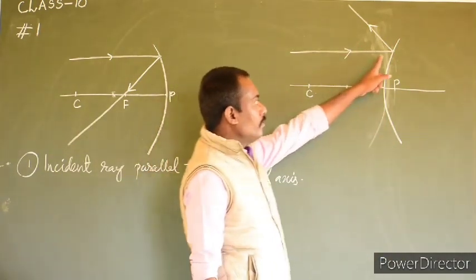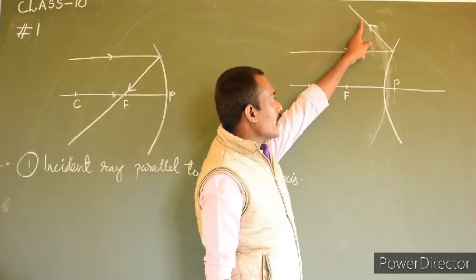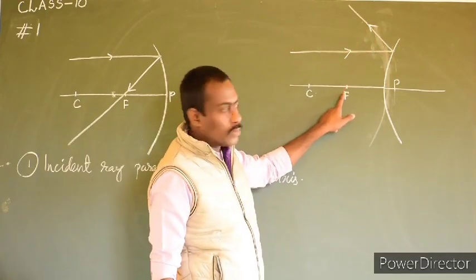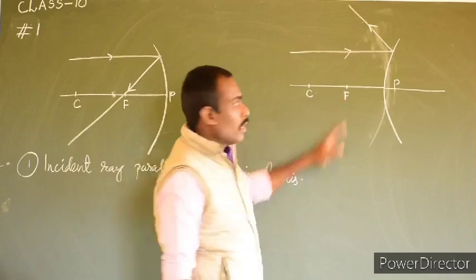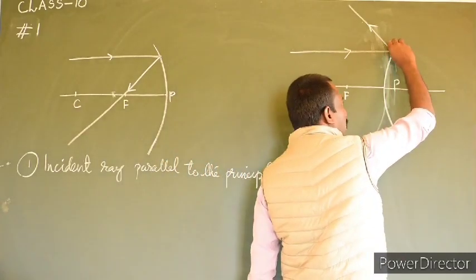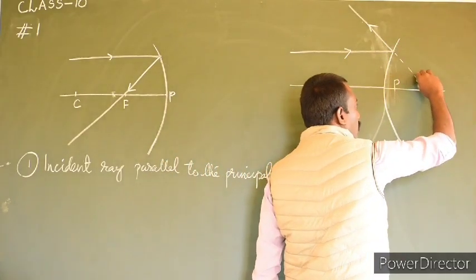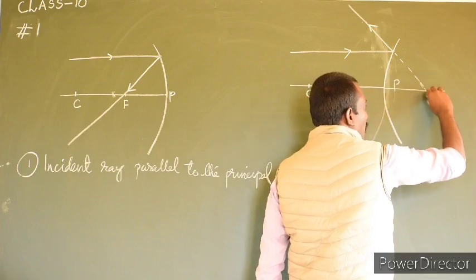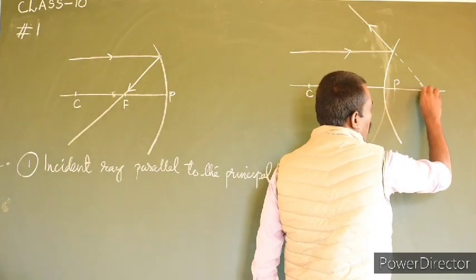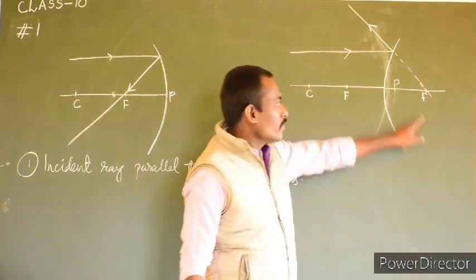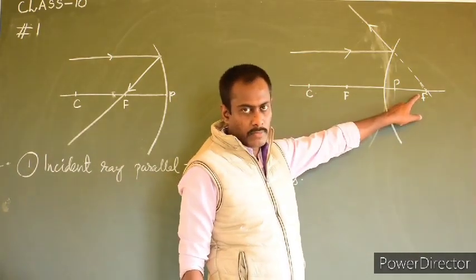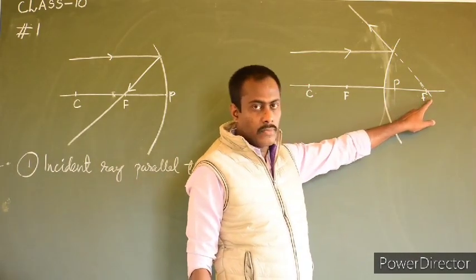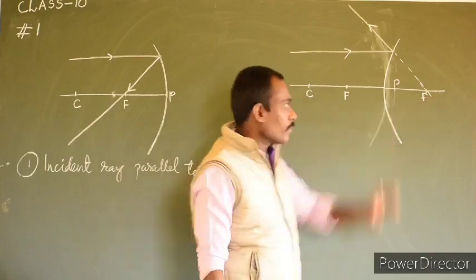So this reflected ray is not passing through a principal focus. But if we extend this reflected ray in the backward direction, it will pass through a point, and that point will be the virtual principal focus of the mirror.